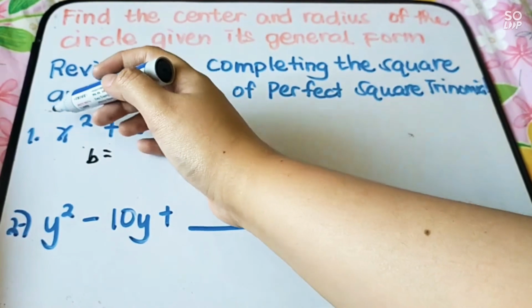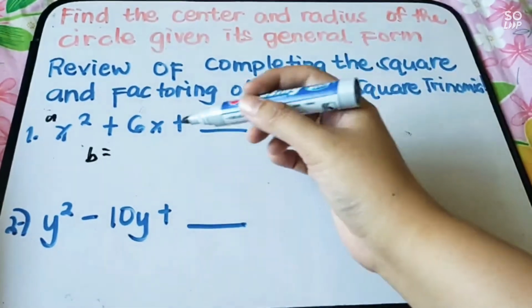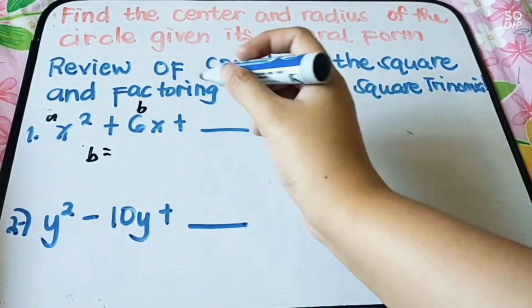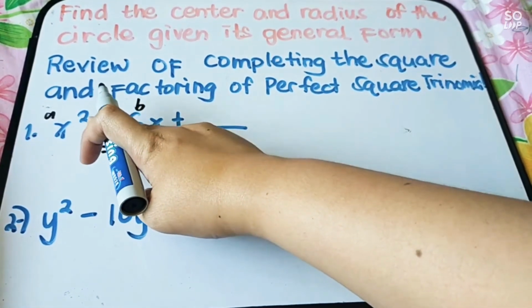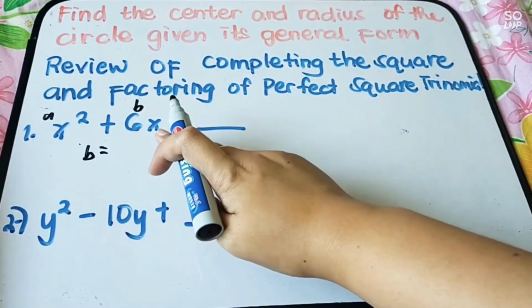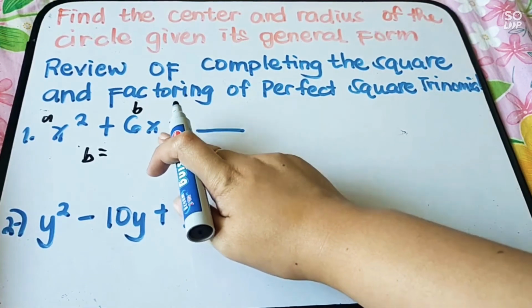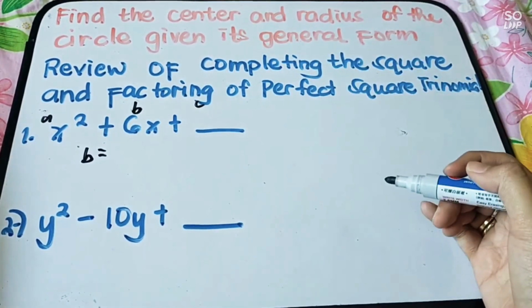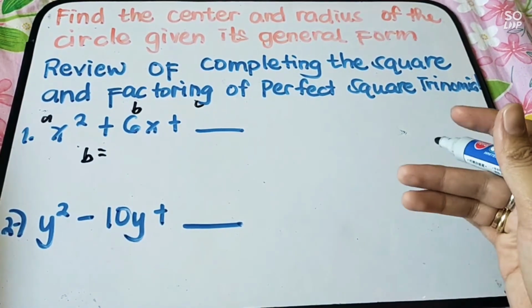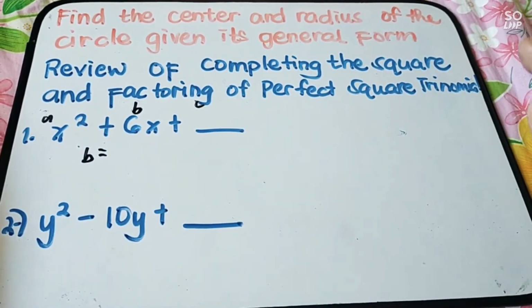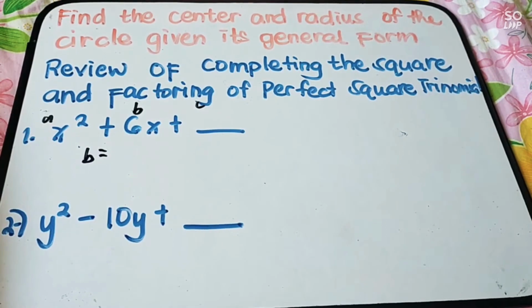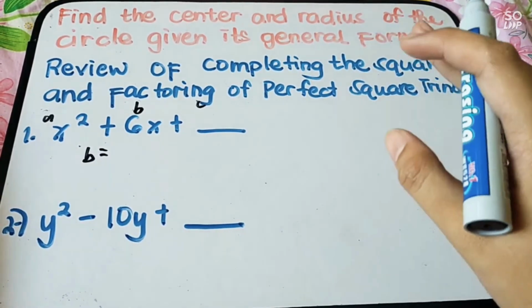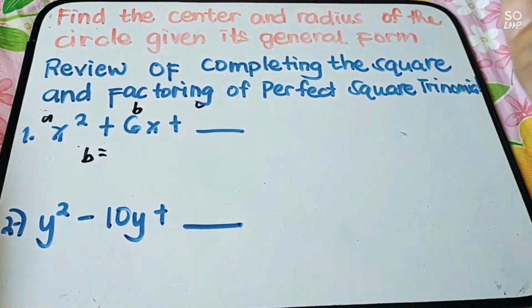What is b? Because this is a trinomial, a quadratic. Your a is the one in the quadratic term. The b is the one in the linear term. When we say quadratic, it is in the second power. When we say linear, its power is only 1. Then, your c is the constant. Is it clear? So, similar to your previous lesson where you use the quadratic formula, you are going to find a, b, and c.